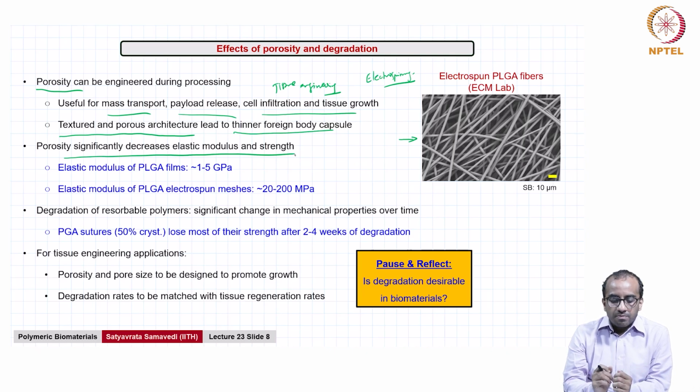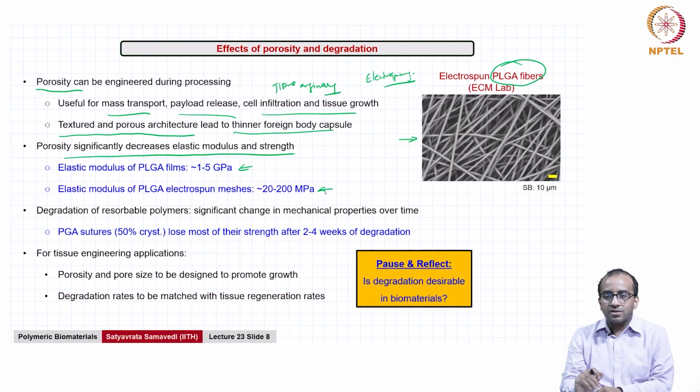Just shown here as a comparison, we are taking our familiar example of PLGA, which is a copolymer, polylactide-co-glycolide. If you cast films and do tensile testing, the elastic modulus of these PLGA films is going to be of the order of a few gigapascals. But once you make electrospun PLGA fibers, take a strip of electrospun PLGA, make a dog bone, and do tensile testing on it, you are going to get a much smaller elastic modulus, perhaps even smaller than the range shown here.